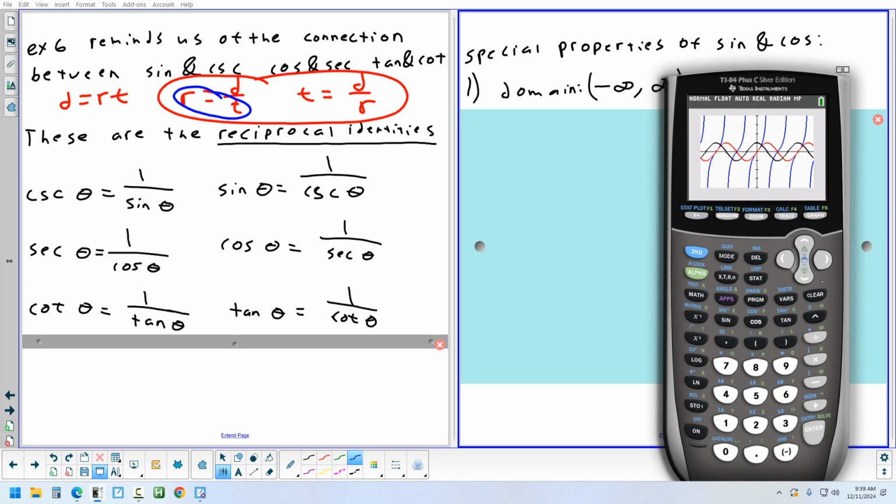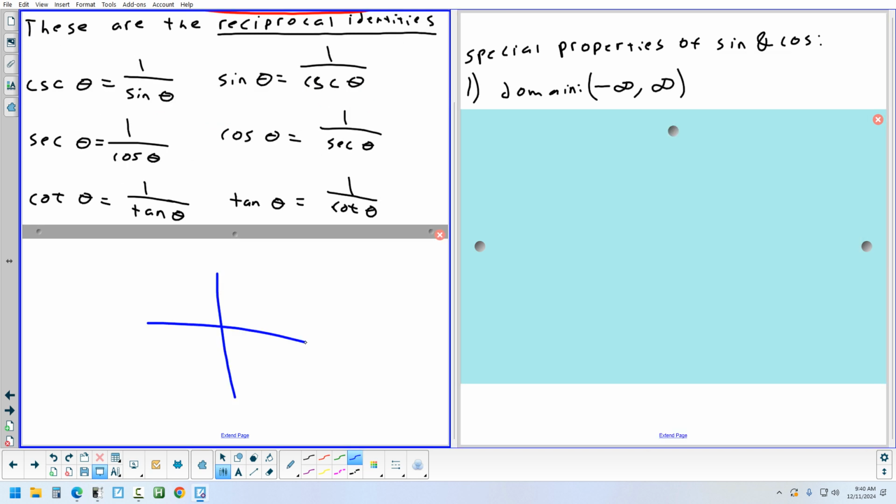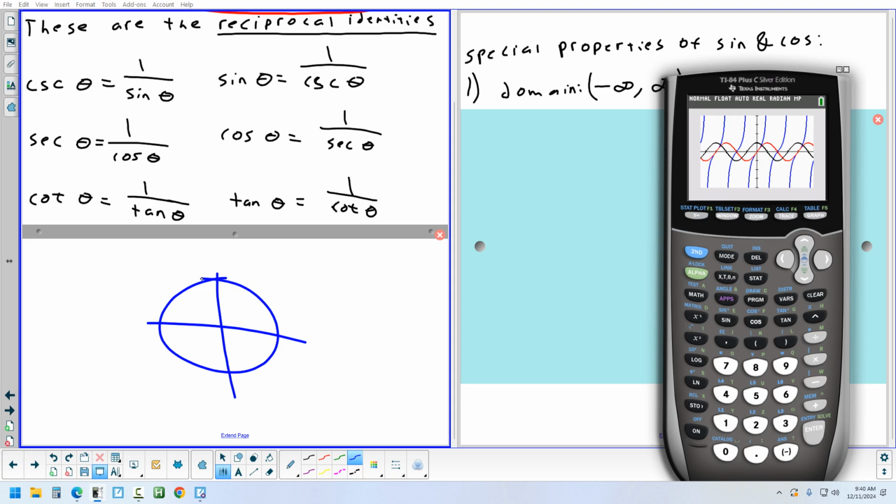That's sine. In the unit circle, what is the highest y value you could ever have in a coordinate? Think about, here's your circle. What's the highest you can go in that circle? 1. What's the lowest? -1. Yep. And now think about the x. X is the cosine. Left and right.